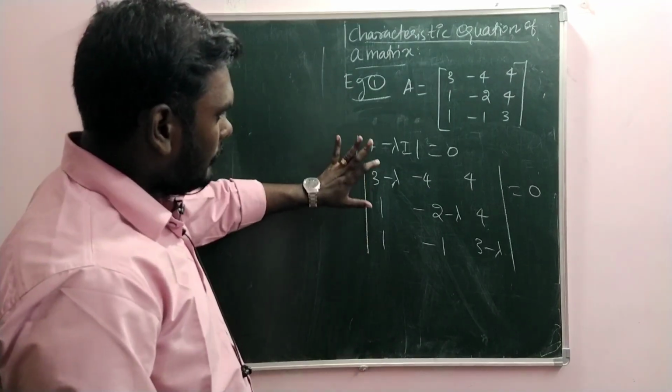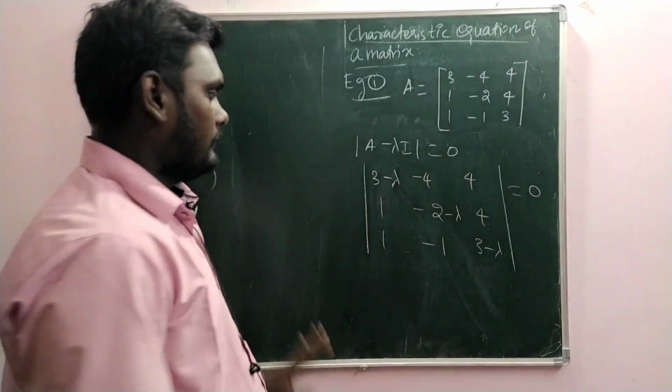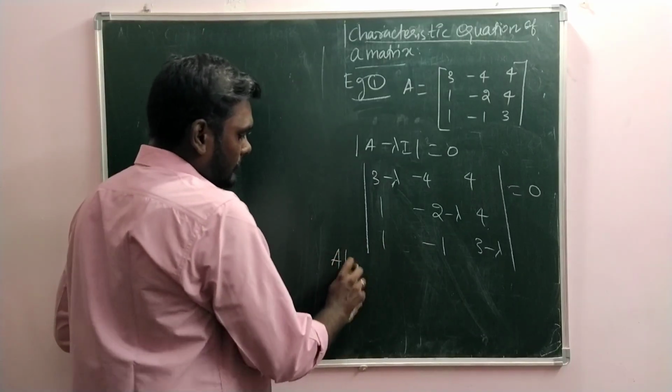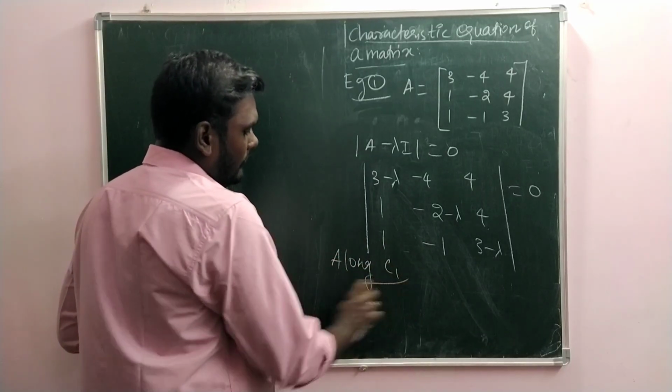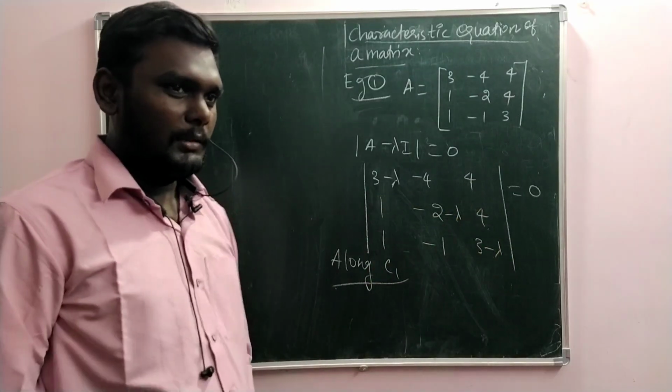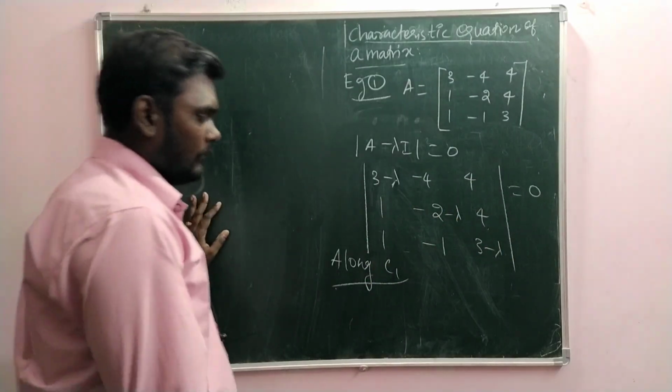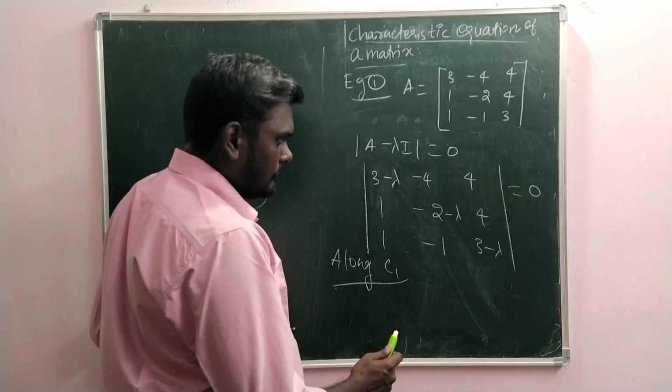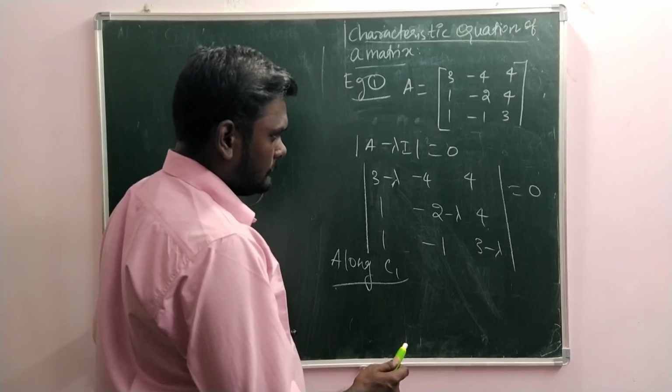Then we should expand the determinant. Now let me take it along C1, because we have 1 and 1 here, and all 4 4 is the big number. Okay, what can we subtract?